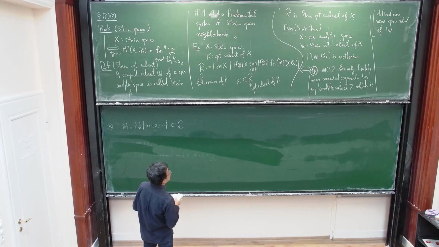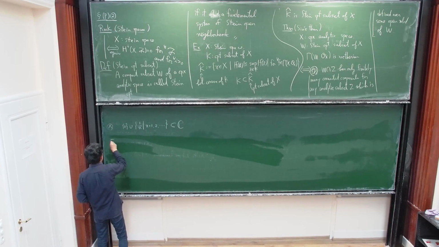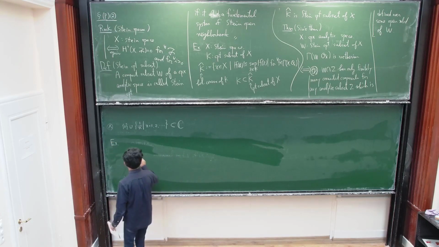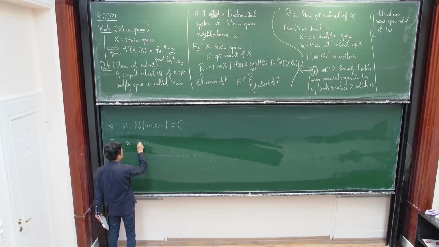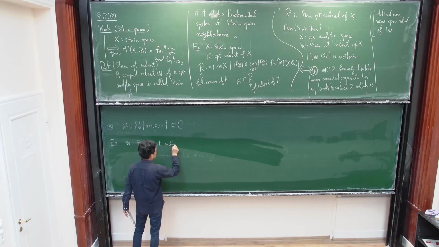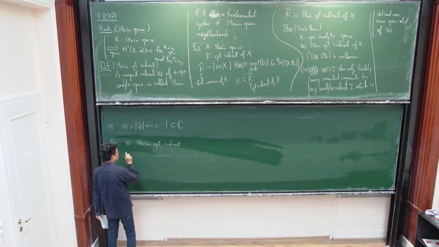Okay, we define such an example. For example, W is a Stein compact subset, and we first assume W is semi-analytic.